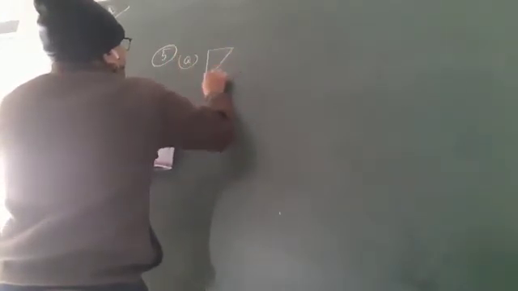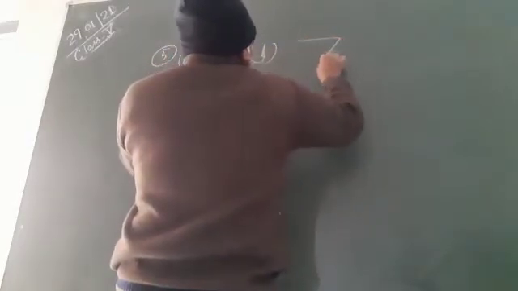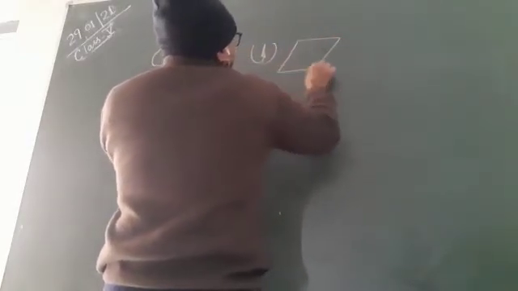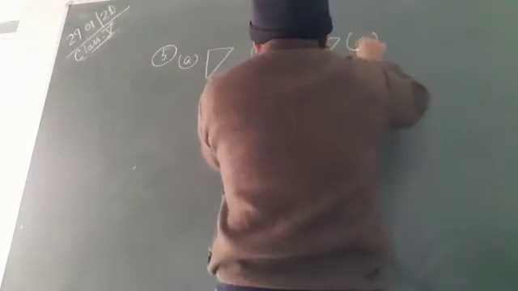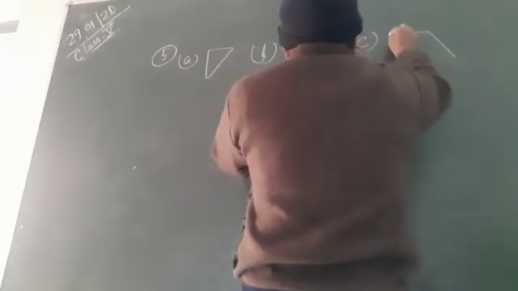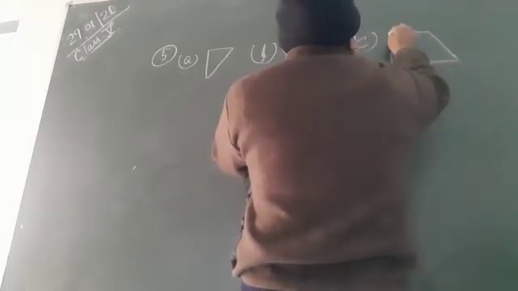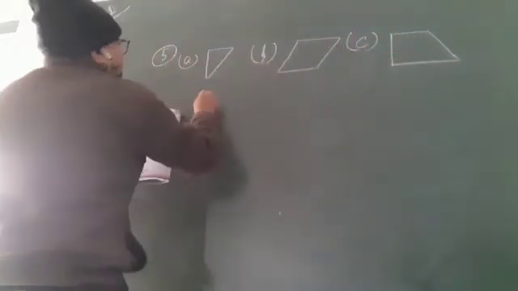Now you tell me, this is 5A, a figure is given, B is also another figure given, and C is also here. Another figure, this is C, and D is also given.